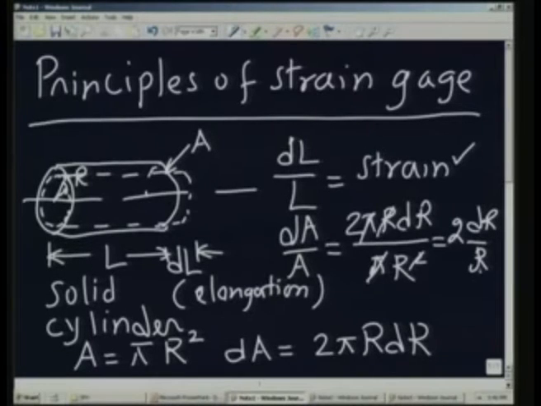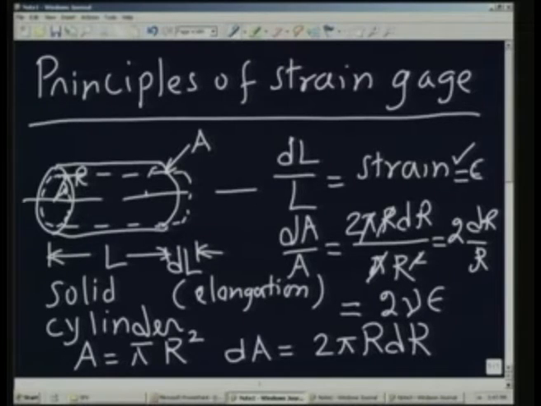and we know that dr by r is equal to Poisson ratio times dl by L, and therefore, I can write this as 2 times nu times epsilon. I will say epsilon L is the longitudinal strain, or I will avoid using the subscript, it is not necessary. So, I will just say epsilon.